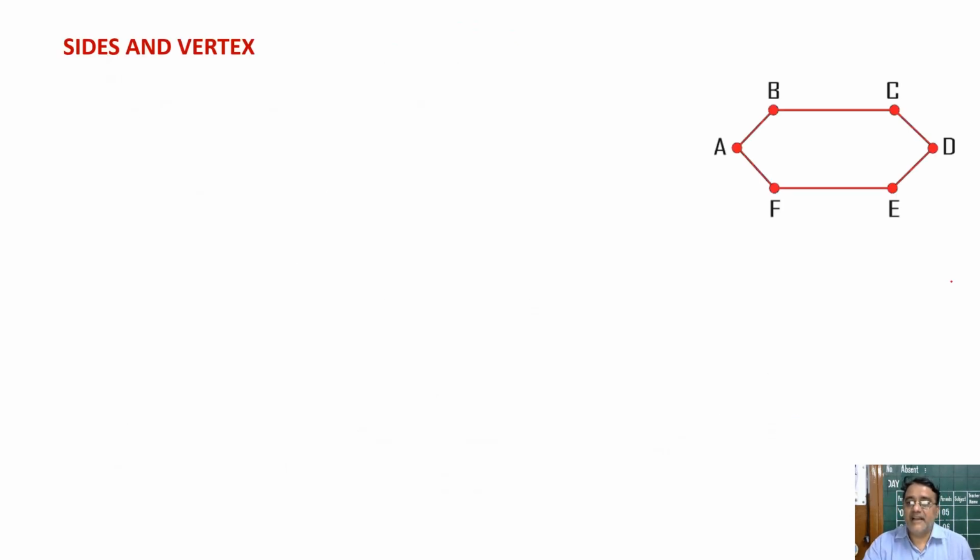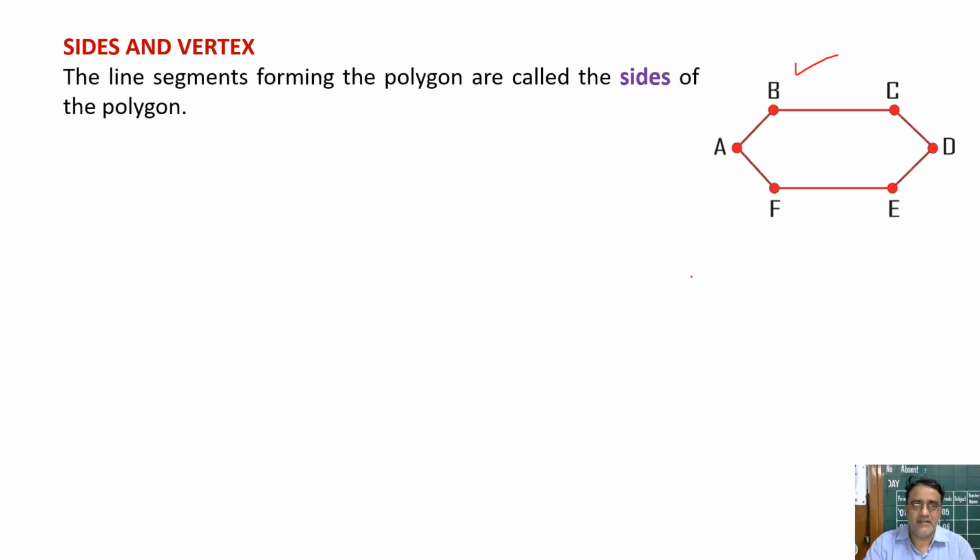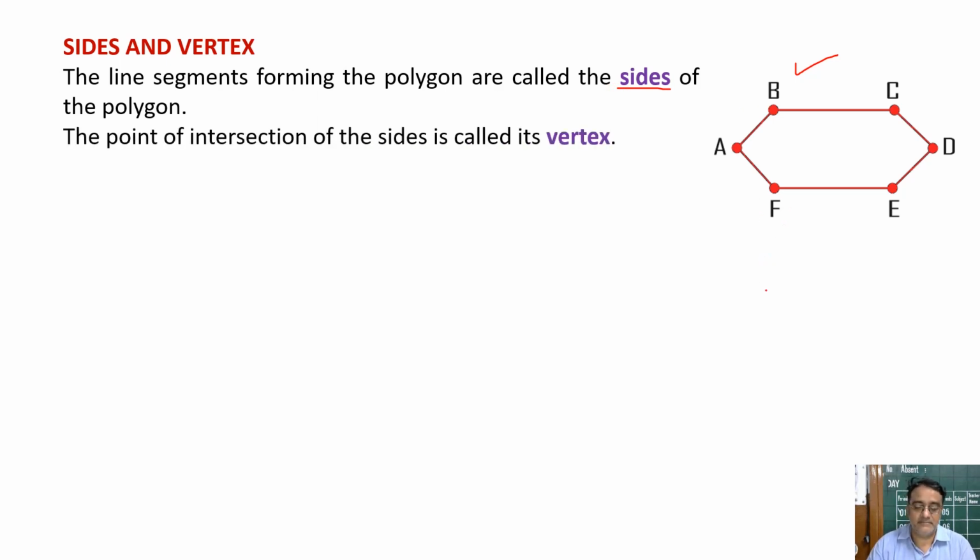And now let us move towards the other terms related to polygons, sides and vertices. See, the line segments forming the polygon. See this figure here, 6 line segments are there. So all these line segments are called sides of this polygon. ठीक है? The line segments forming the polygon are called the sides of the polygon, and the point of intersection of all the line segments are called vertices.